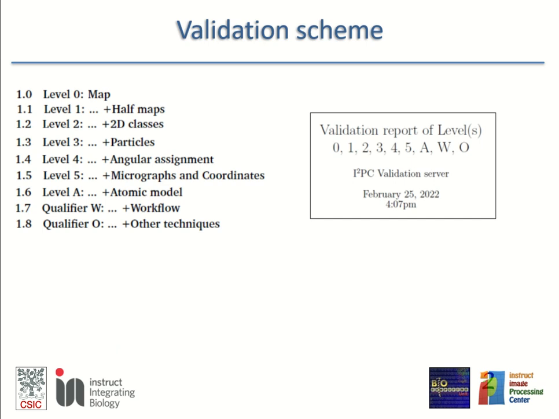You have particles, angular alignment, micrographs and coordinates. So you can give all these, and you can go up from level 0 to level 5. On top of that, you can also give an atomic model. You can give the workflow that you have used and the results that you have obtained along the workflow. You can compare to other techniques.